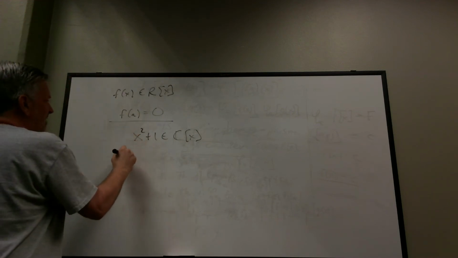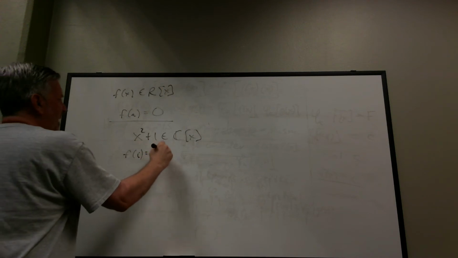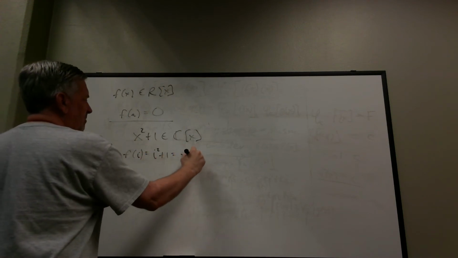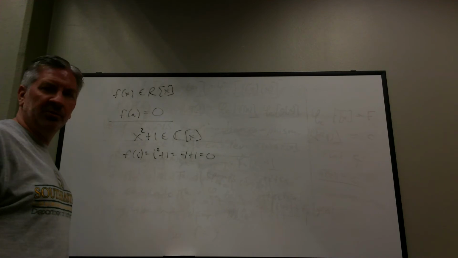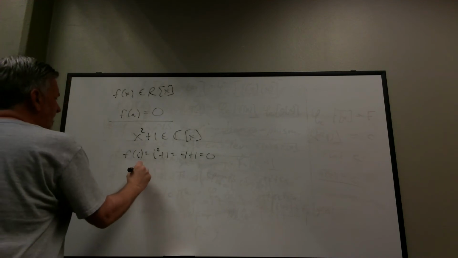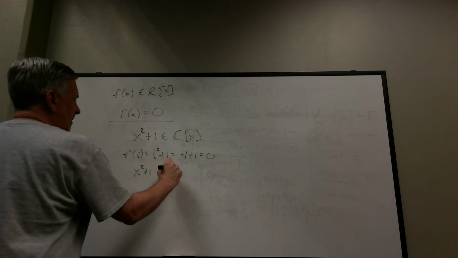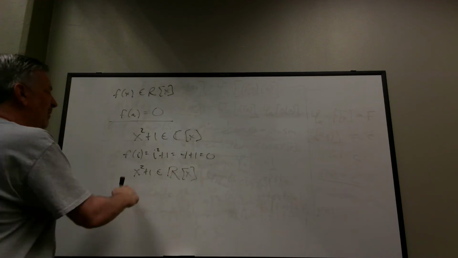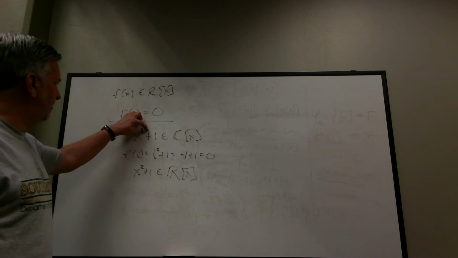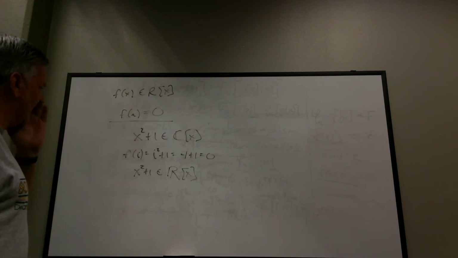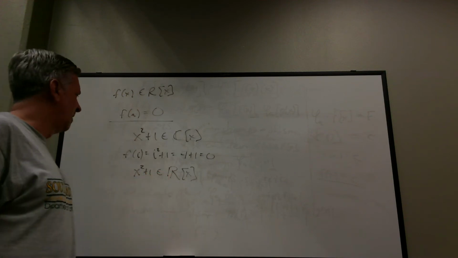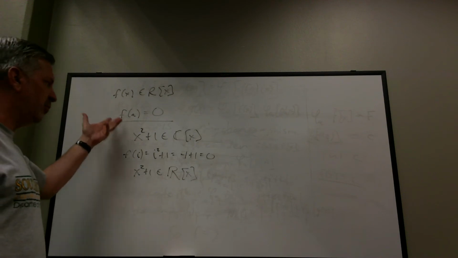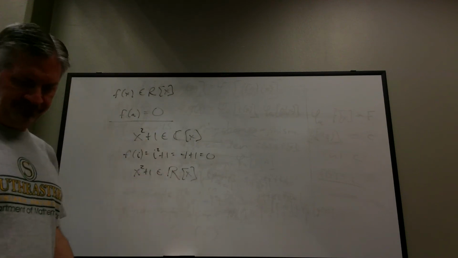Yes, it does, because f of i is i squared plus 1, which is minus 1 plus 1, which is 0. So i is a root. But if you think of x squared plus 1 as being in the ring R[x], with real number coefficients, there is no root, because the only two roots of this in C are plus or minus i, and neither of those is in R. So whether you have a root depends upon your coefficient ring.